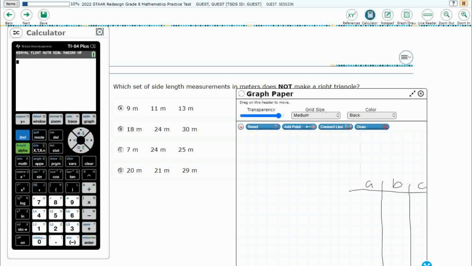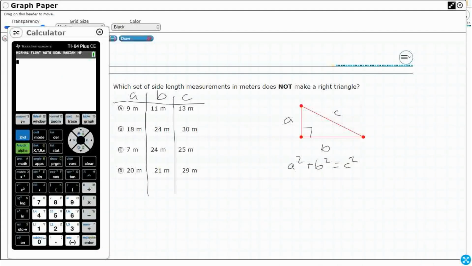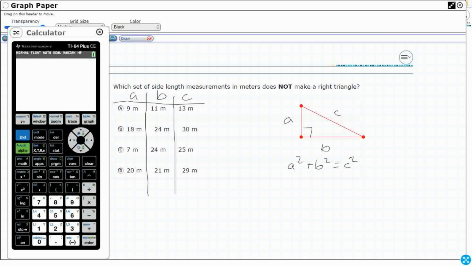Let's open up our calculator here, and I chose this TI graphing calculator. You could use the other one if you'd like, but all we're going to do is plug these in right here. So I've got 9 squared plus 11 squared equals 13 squared.